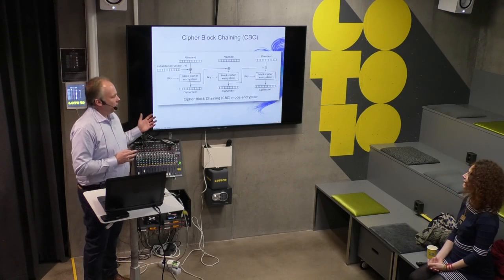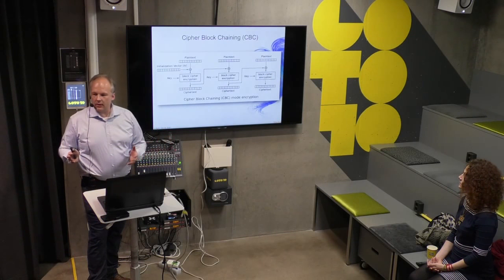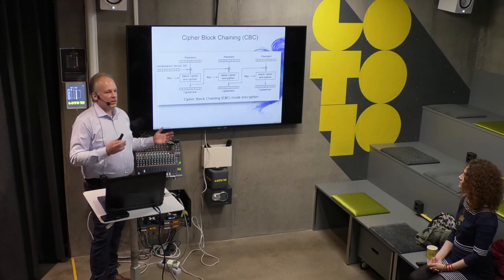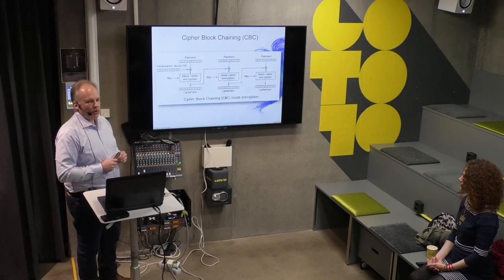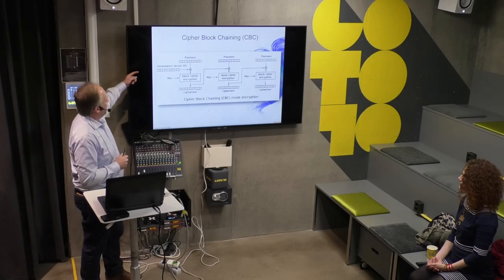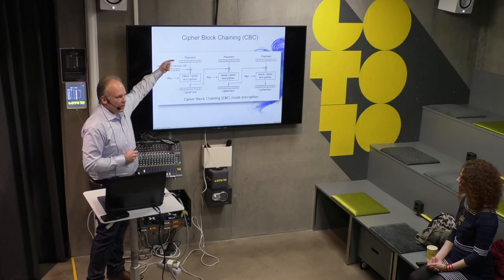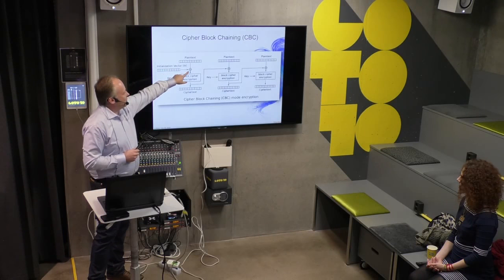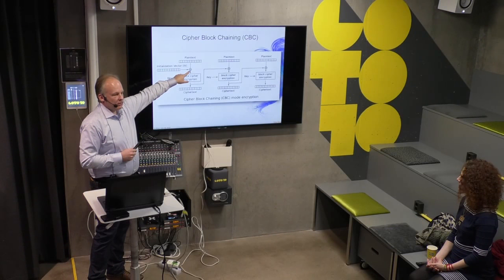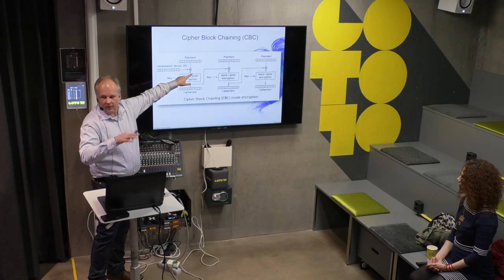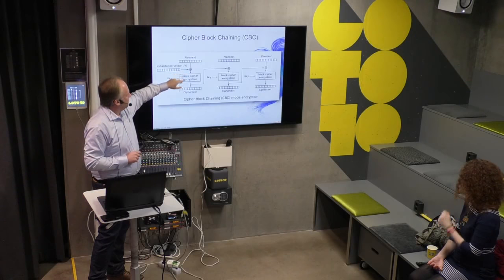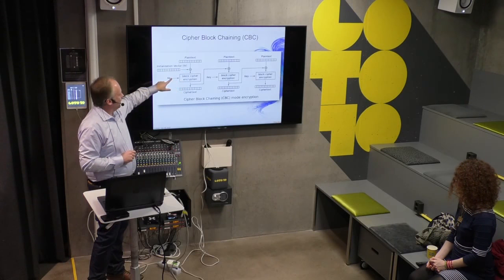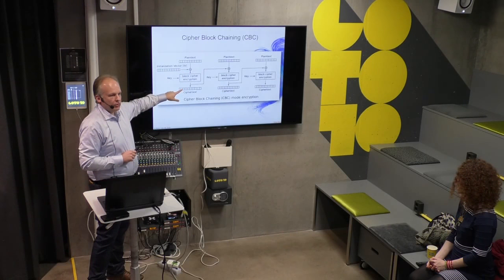So what you have to do is find an algorithm to join adjacent blocks. And one which is common is called cipher block chaining. What it means is that you have your unencrypted text, you XOR it with the initiation vector. You don't have to do this yourself, this is what the hardware does for you, but the initiation vector is XORed, then encrypted with a key, and you get the encrypted block.